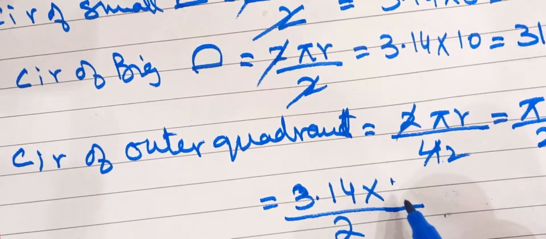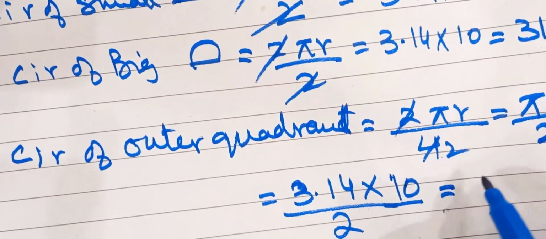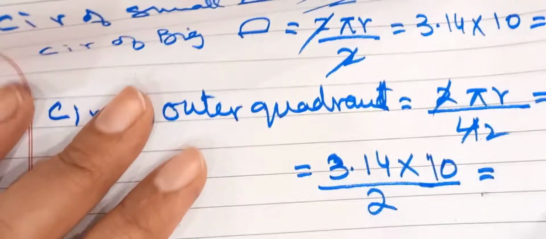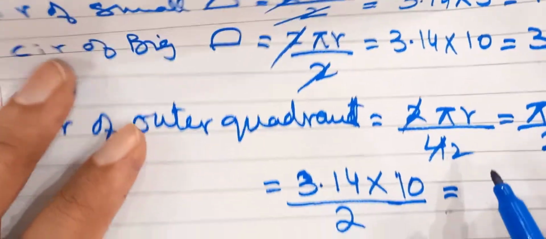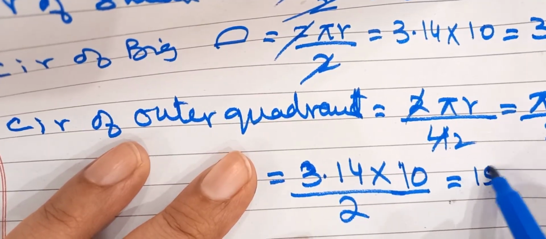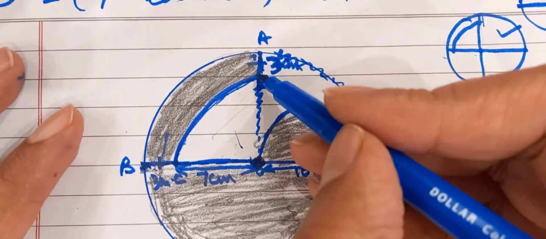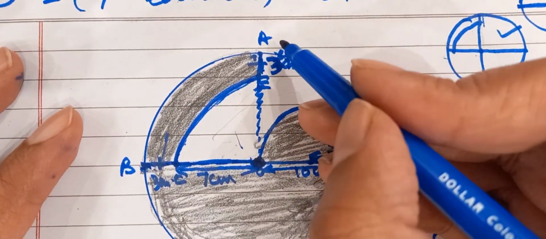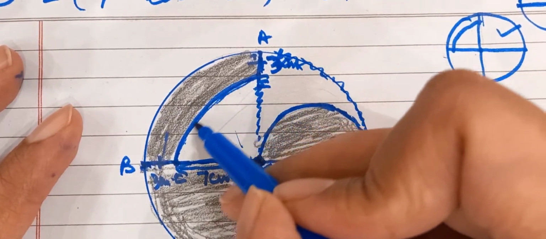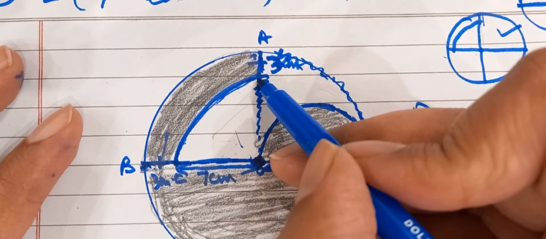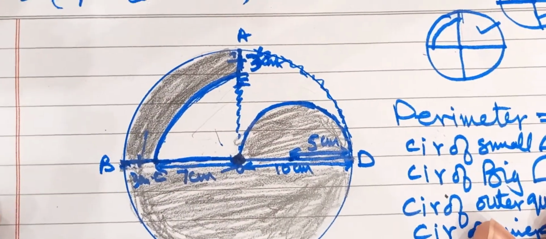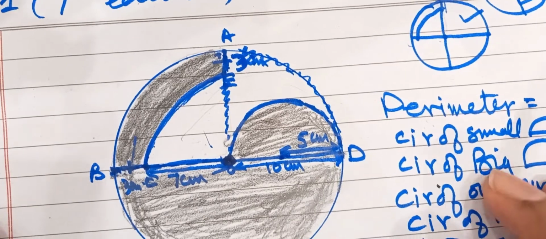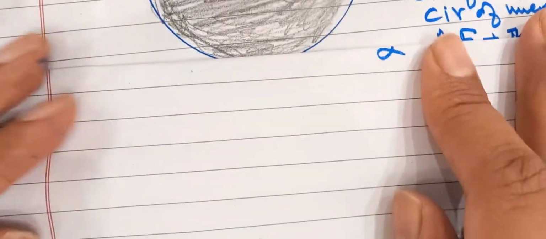I'll multiply it with 10 and I'll get the result, which is 15.7. Now this dimension I know is 3, so I don't have to calculate it. Now I have to calculate the circumference of the inner quadrant. So what am I going to do?